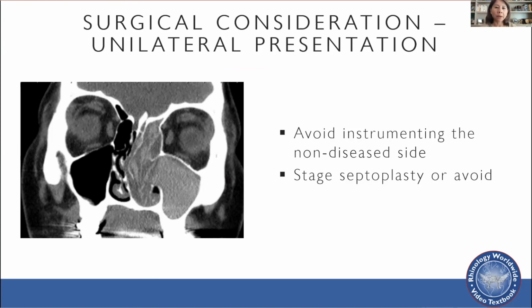And so I don't want to be the instigator that causes this inflammation. So as such, I don't instrument the non-disease side. And even though they may have a deviated septum, I will not do a septoplasty at the time of the surgery for eradicating the mucin from the diseased sinuses. So either that needs to be staged based on the patient's symptoms or just avoided altogether.